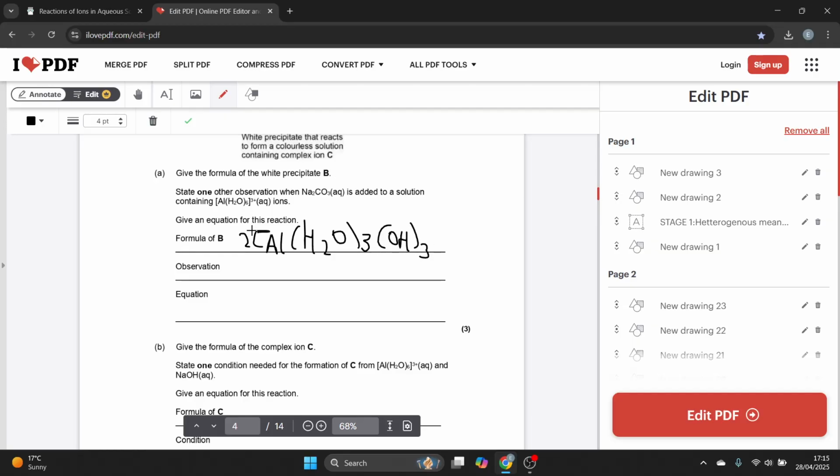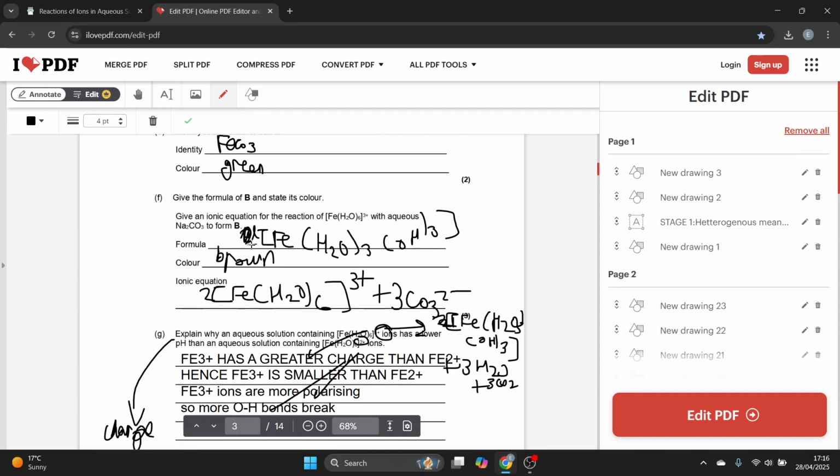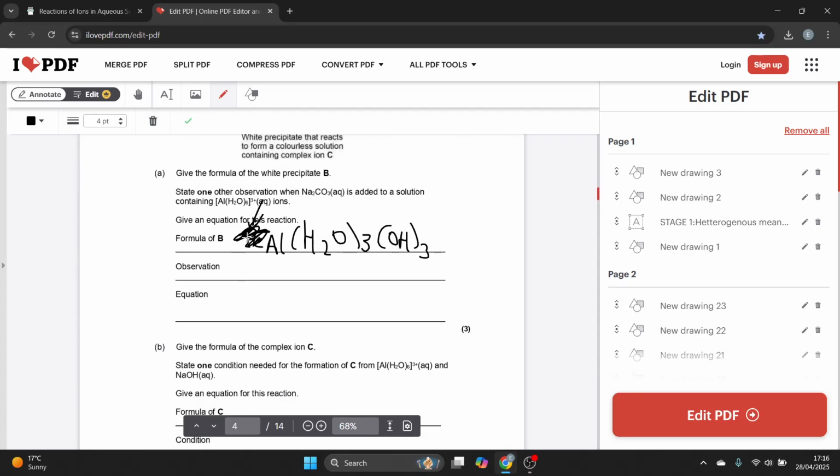And please, guys, don't make that silly mistake I just made, including the moles. I did that on purpose right now. Obviously, I made a mistake before here, but this time I did it on purpose. Don't include the square brackets. It's asking for the formula. It says ignore square brackets in the mark scheme. So say Al(H2O)3(OH)3.